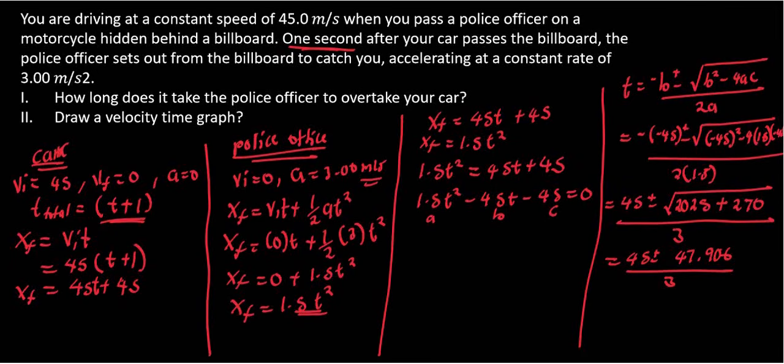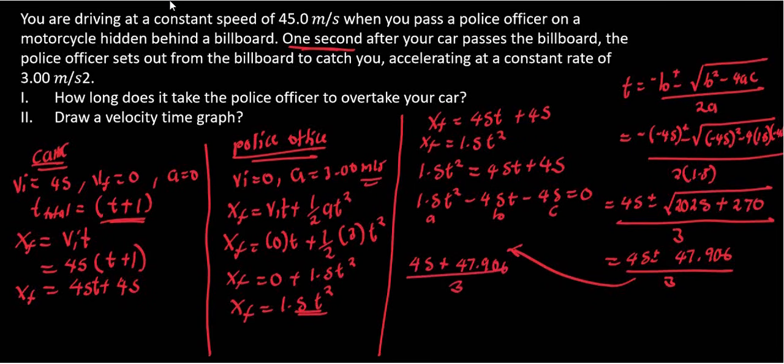If I say 45 minus, it will give me a negative. Remember that we're calculating the time, so the answer is supposed to be positive. So I'll only add, not subtract, to avoid a negative answer. We don't have any negative time.